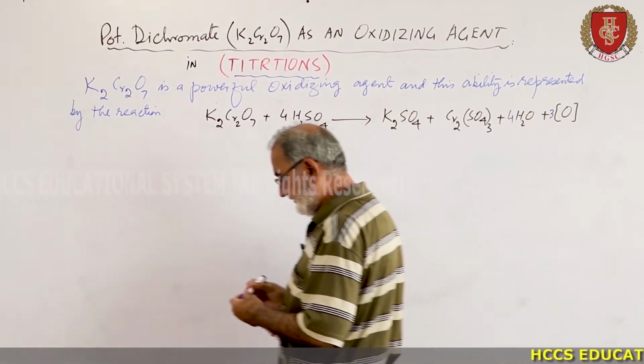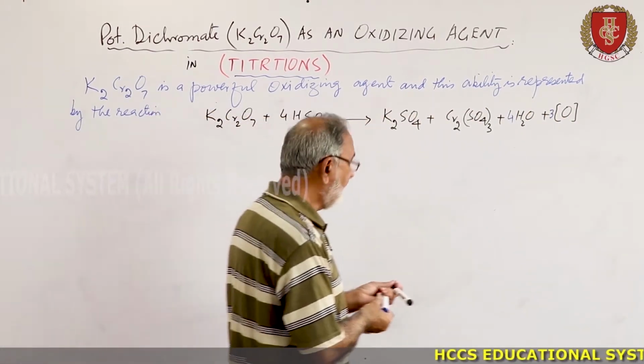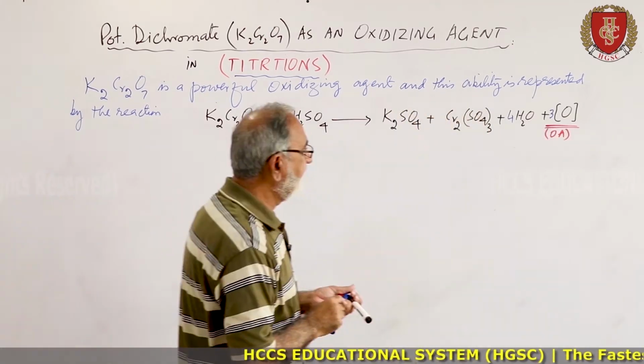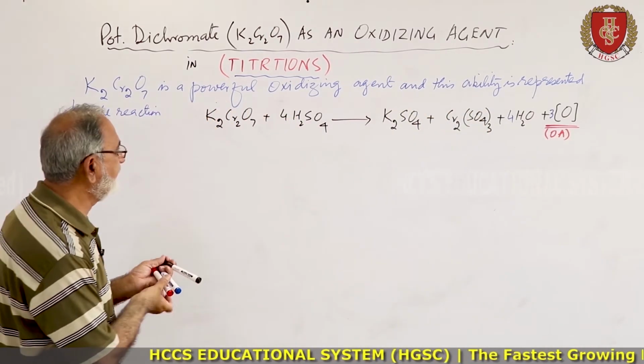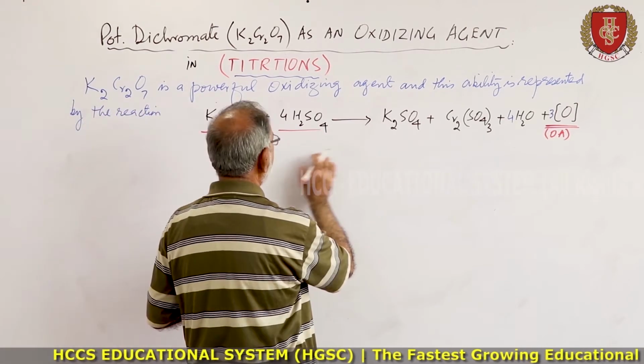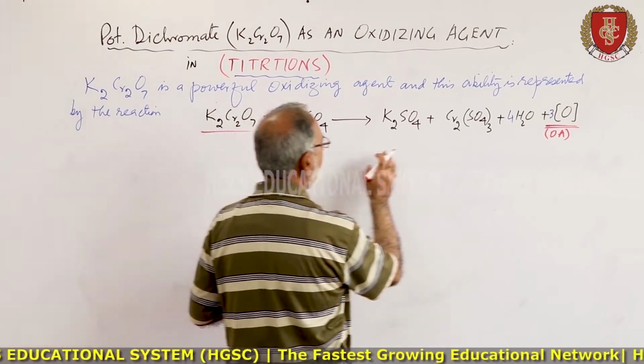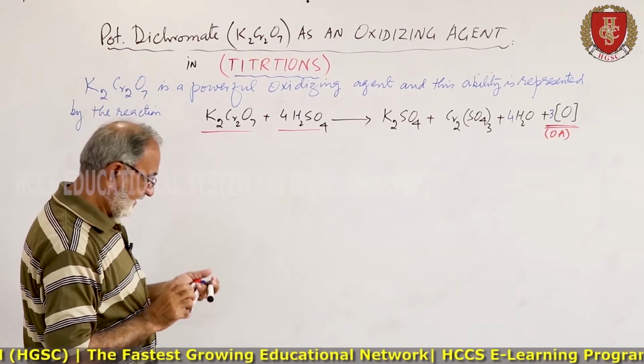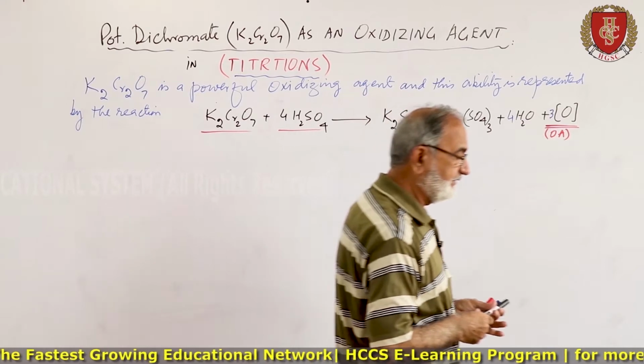Now, this is basically how it is used as an oxidizing agent, that the acidified potassium dichromate is represented as acting as an oxidizing agent.